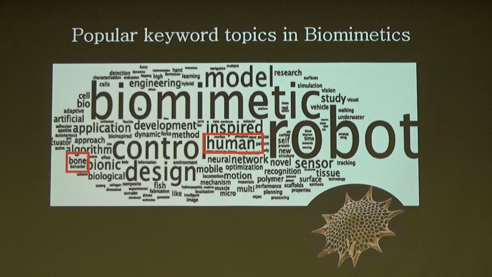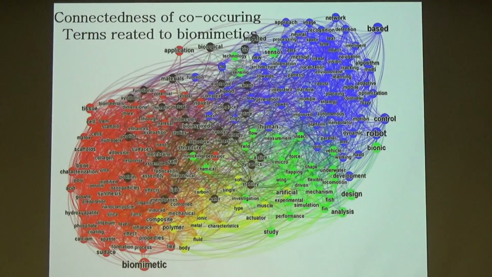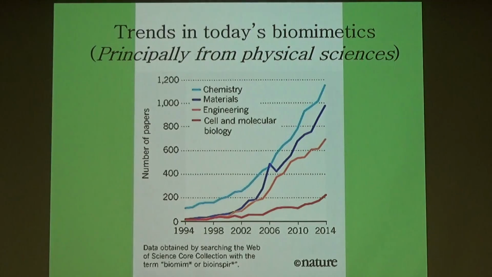There's also some work on neural networks. The area of human biology and medicine is gathering pace, though it's not so large as robotics. This just gives you some idea of the reach of the biomimetic philosophy and ideas and ways of doing biomimetic science.